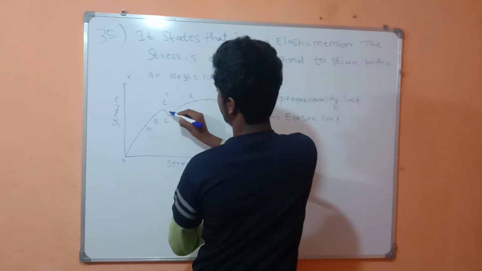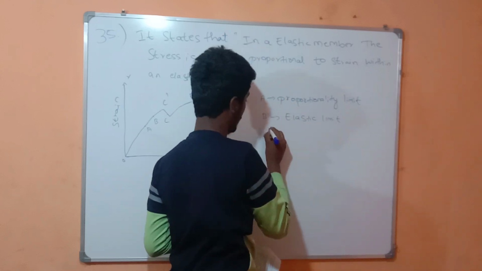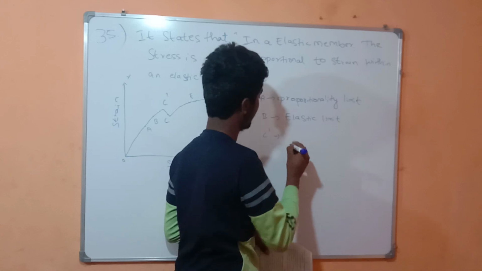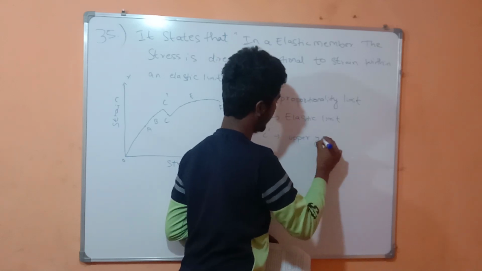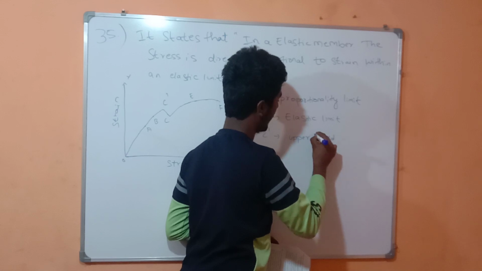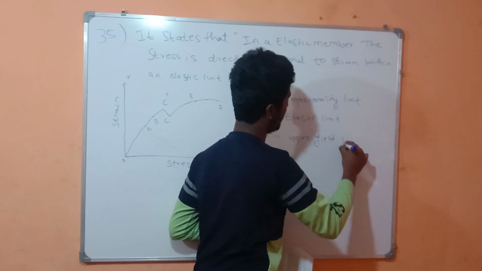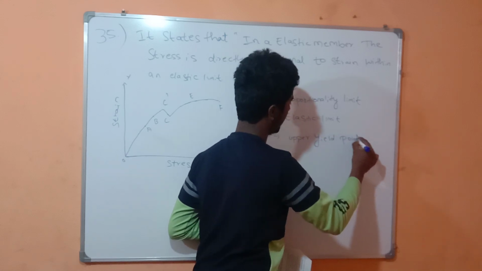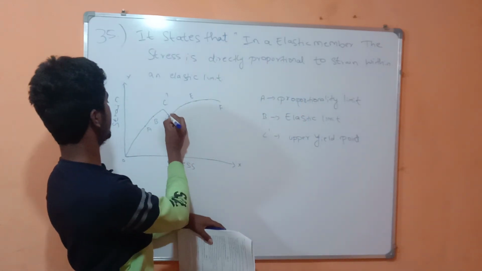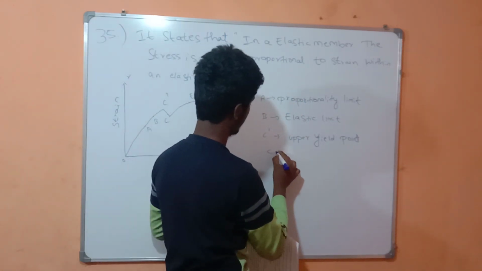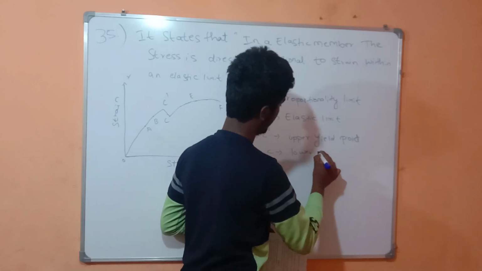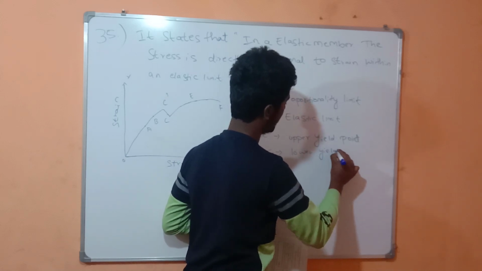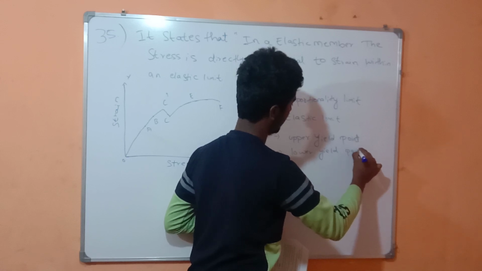And C dash is in the upper position, so C dash will be the upper yield point, children. And what is C? It is in the lower position, so C will be the lower yield point, children.